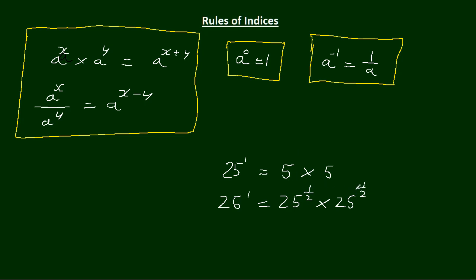Because these add together to make 1, 25 to the 1. So 25 to the half is the same as 5. So the half power is the same as writing the square root of 25.